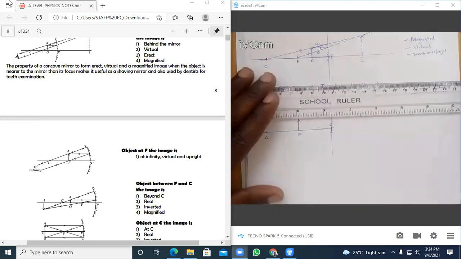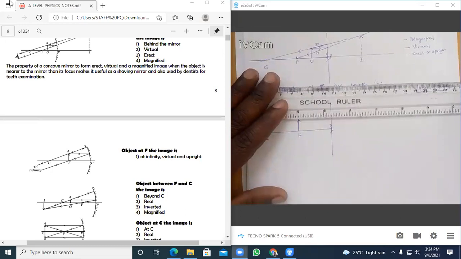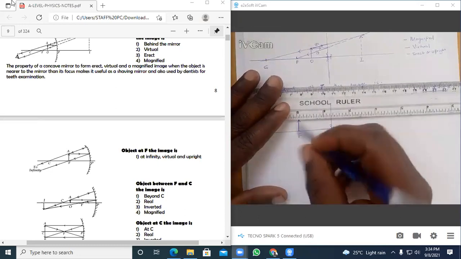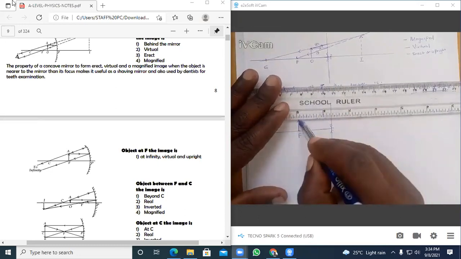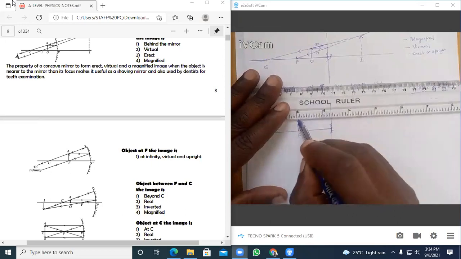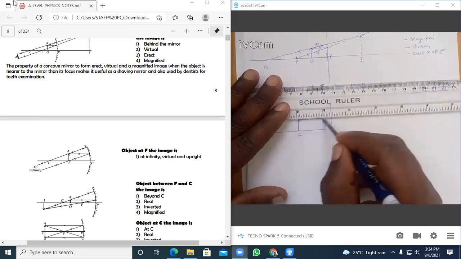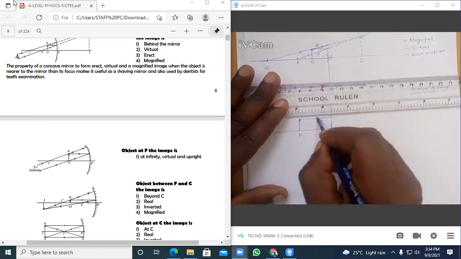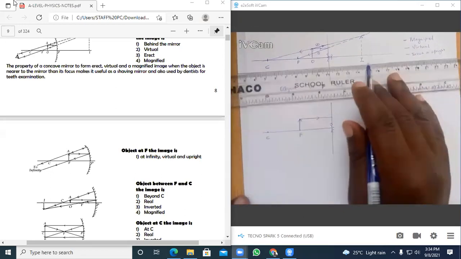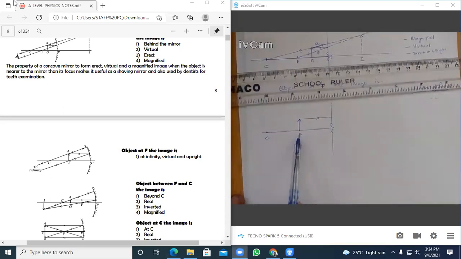So the first ray. Now I'm going to ask Stephen. Now this ray, where is it going to pass? Is it going to pass at C or at F after reflection?